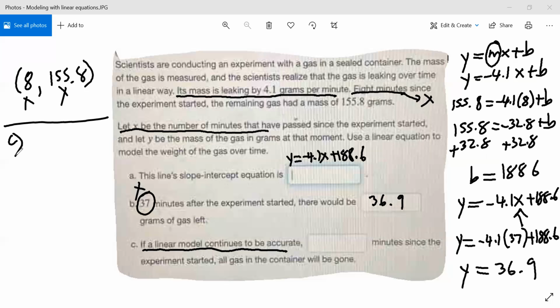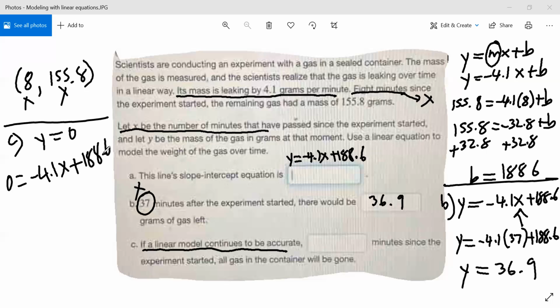So this part was just B. Now part C: I'm going to make Y 0. Take the equation and make Y 0. So you have 0 equal to negative 4.1x plus 188.6. Then add 4.1x to both sides, and then divide both sides by 4.1.